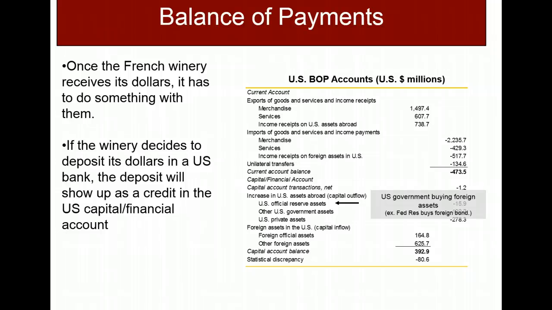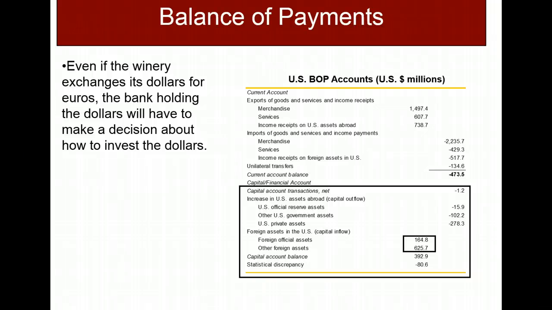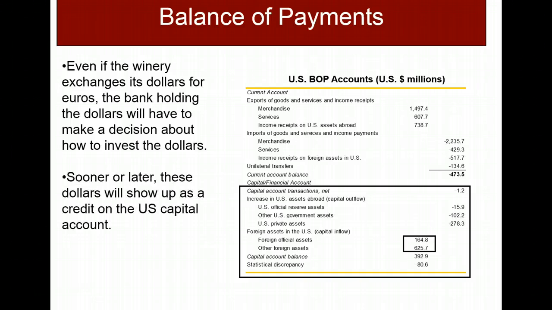And over here on the debit side, this is the U.S. government buying foreign assets, and this is U.S. citizens buying foreign assets. So even if the winery exchanges its dollars for euros and doesn't do anything with it, the bank holding the dollars will still have to do something with those dollars, and they will eventually be logged in the capital account as a credit.